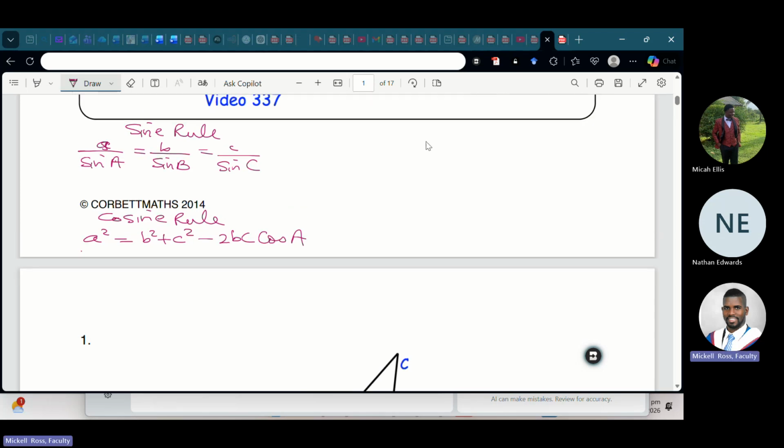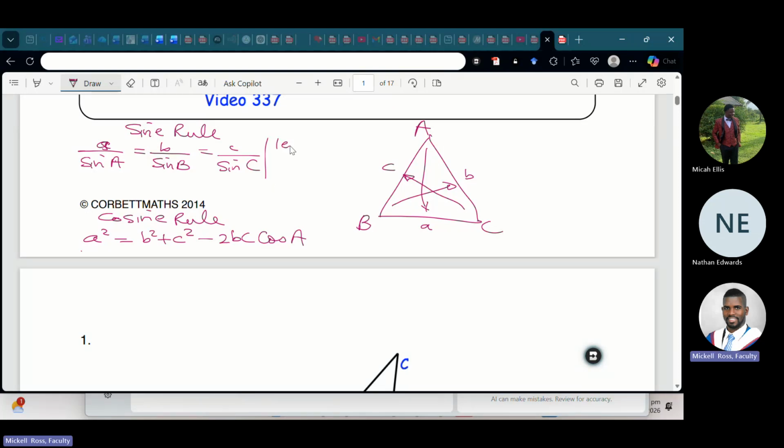Now, this normally happens, as I mentioned, if you have a non-right angle triangle. The sides are A, B, and C. Then opposite to the angle, the side is labeled with the lowercase letter. So that's why here, it is the length of the side over the sine of the angle, right?